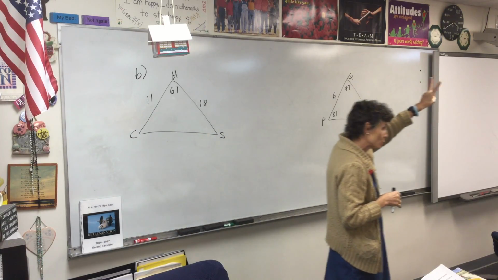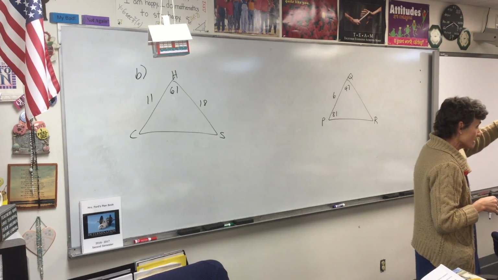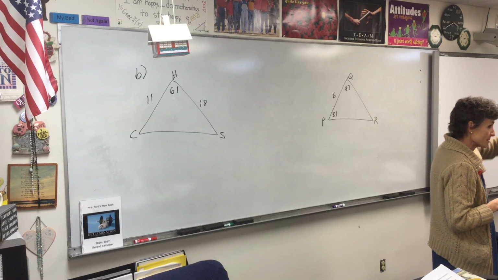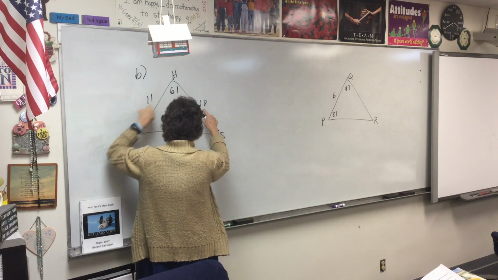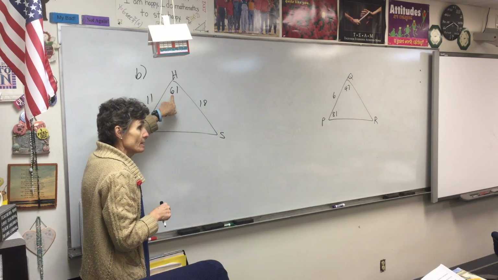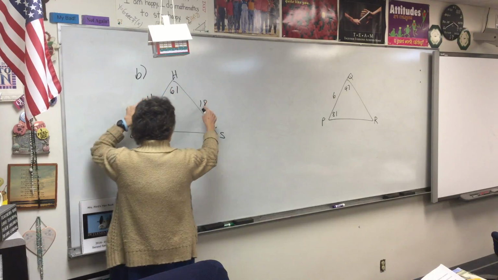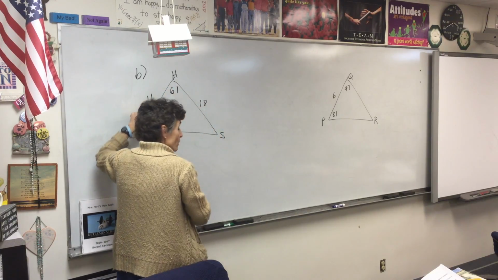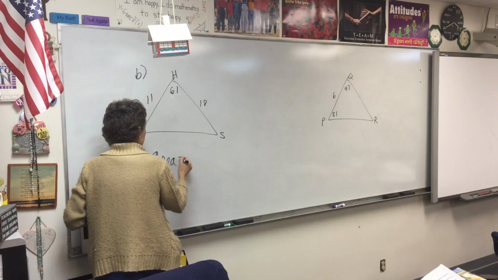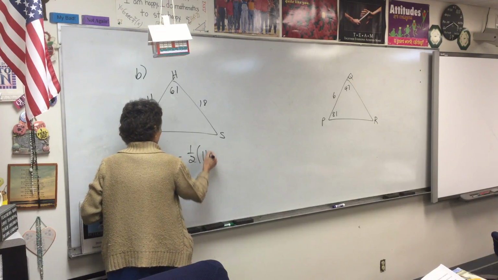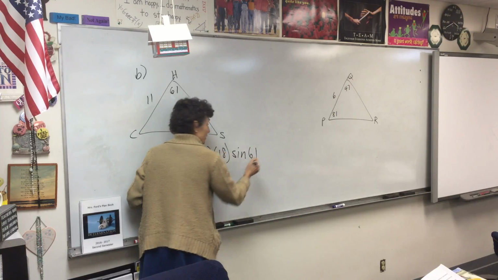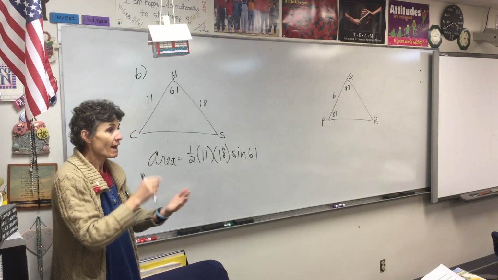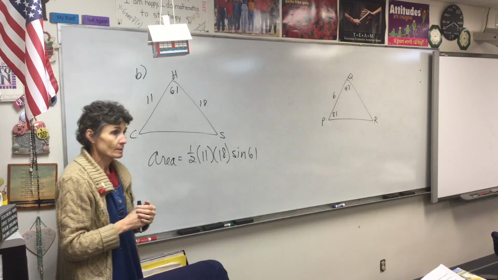When you do area, there are 2 things you want. You either want all 3 sides, or you want 2 sides and the angle in between them. If you have 2 sides and the angle in between them, the area is just 1/2 side, side, sine of included angle.